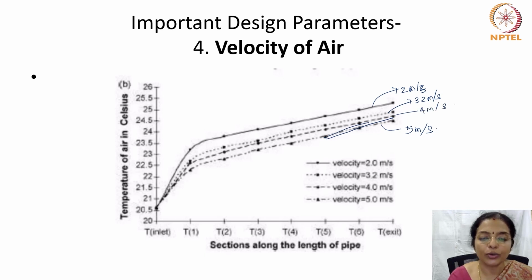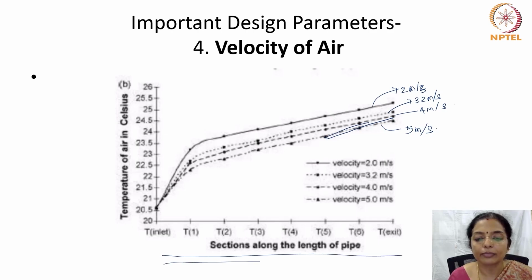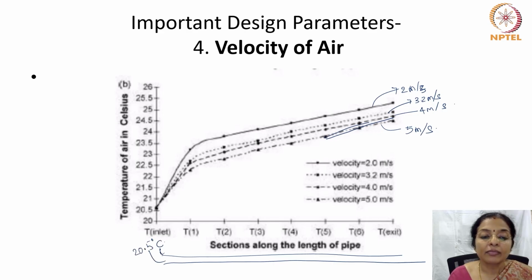Now you can see various sections have been used, T1 along the pipe. At inlet, the temperature is 20.5 degrees centigrade, and the outlet temperature depends on the velocity of air.